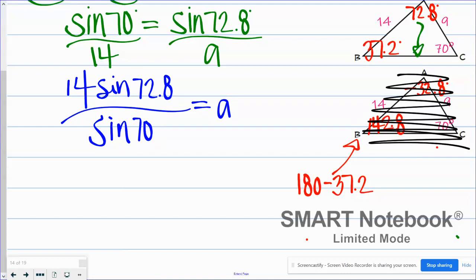So 14 sine of 72.8 divided by sine of 70, I get that A is 14.23 units long. And thus I have solved this triangle, and there's only one triangle.